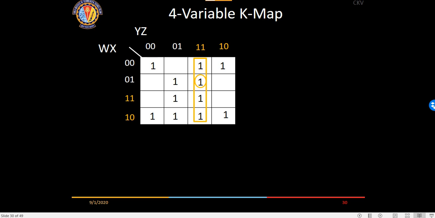Okay, that doesn't have too much of a significance. It has got a small significance when we see the QM method, when the computer does it, so it is just introduced here. As far as K map is concerned, that doesn't have too much of a significance. But when we learn the QM method, we'll see that these implicants have got some more value there.